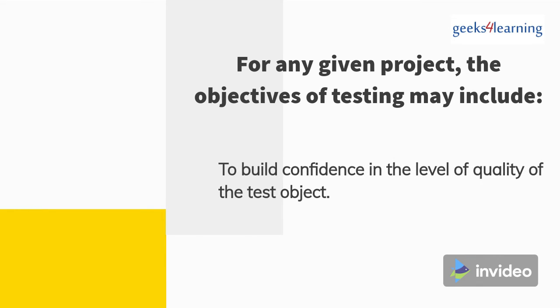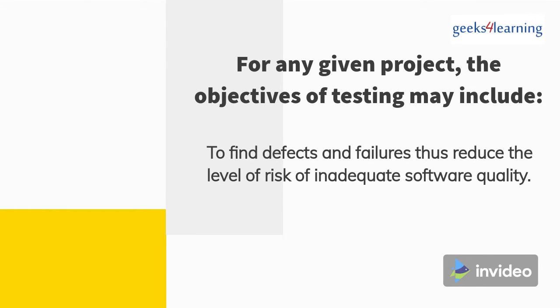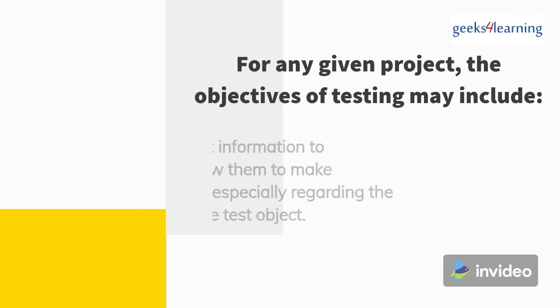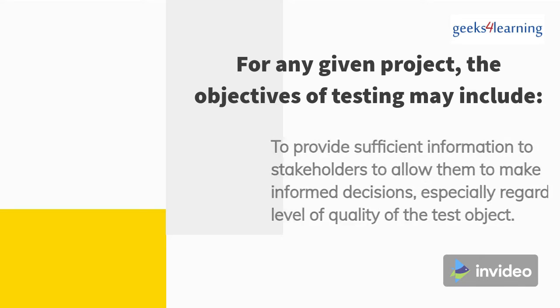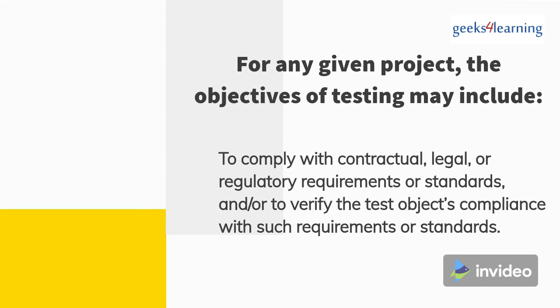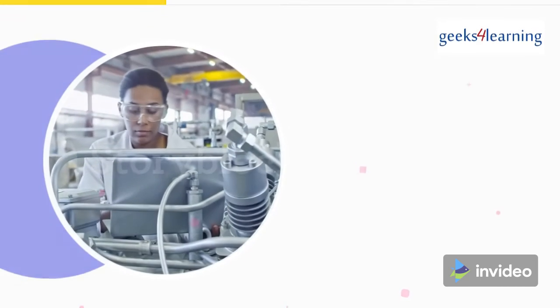To build confidence in the level of quality of the test object. To find defects and failures, thus reduce the level of risk of inadequate software quality. To provide sufficient information to stakeholders to allow them to make informed decisions, especially regarding the level of quality of the test object. To comply with contractual, legal, or regulatory requirements or standards, and/or to verify the test object's compliance with such requirements or standards.